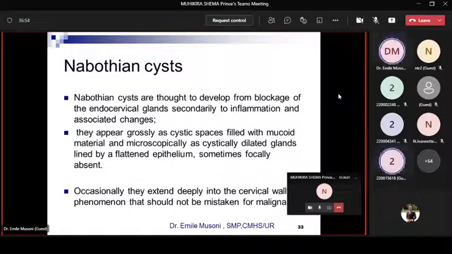A Boson cyst, as I have said, is a blockage of endocervical gland secondary to inflammation. And this one, the Boson cyst, is a benign tumor.